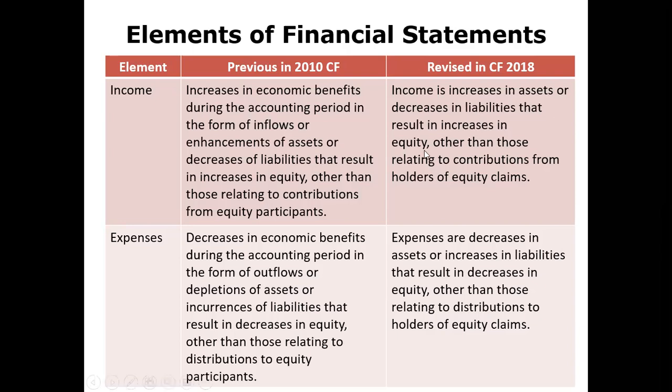But think about the owner bringing some money into the business. If you invest money in the business, definitely your cash increases. So the asset increase is there, and also the equity increase is there, isn't it? If the owner invests money in the business, equity increases. But that is not income. So in the definition of income, you should also pay attention to this point.